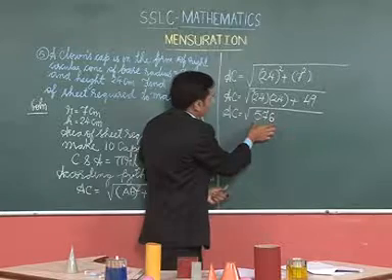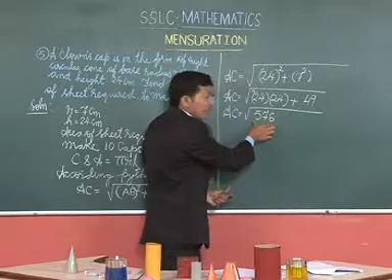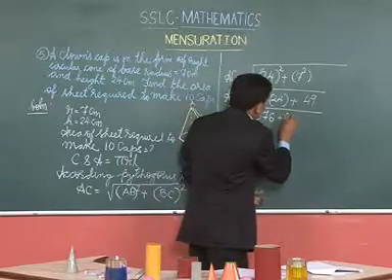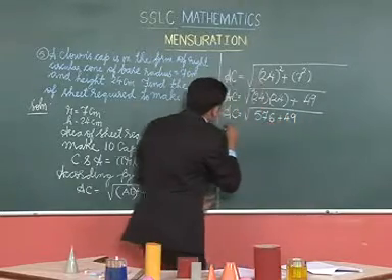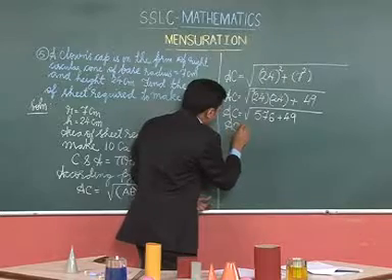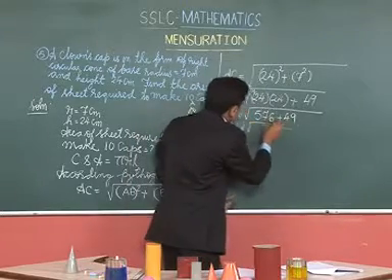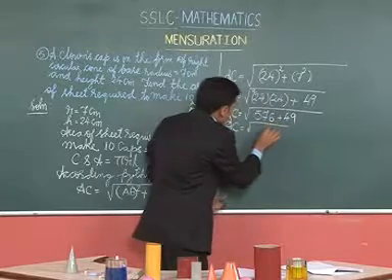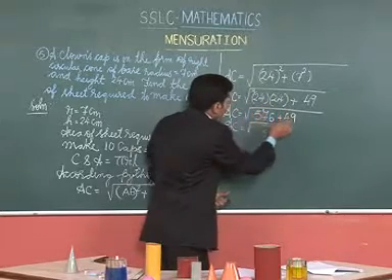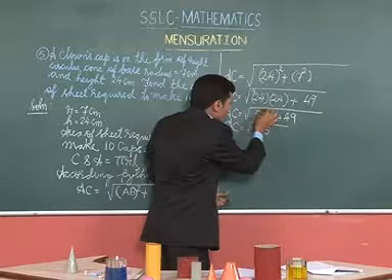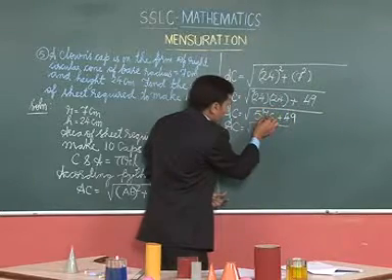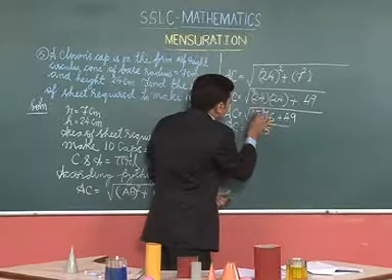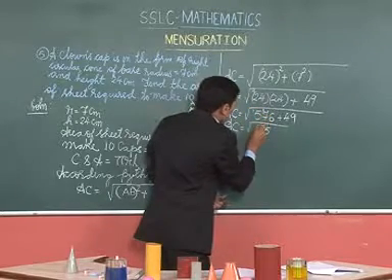So the whole value of 24 square is 576 plus 49. So AC is equal to under root, 9 plus 6 will give you 15, 5 carried 1. 4 plus 1 is 5, 5 plus 7 is 12, 2 carried 1, and 5 plus 1 is 6.